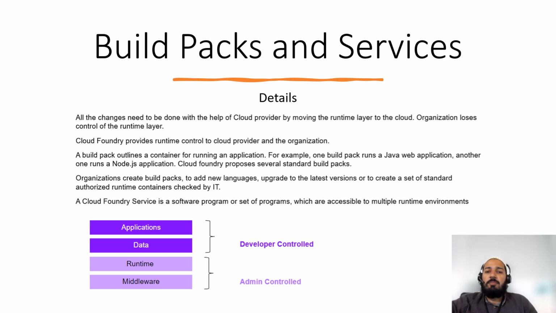For example, one build pack runs a Java web application, another can run a Node.js application, and Cloud Foundry provides several standard build packs. Organizations create build packs to add new languages, upgrade to the latest versions, create a set of standard authorized runtime containers that is checked by IT, and so on.